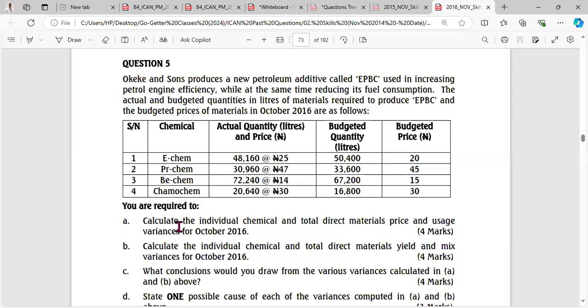Now, you are required to calculate the individual chemical and the total direct material price and usage variances. Okay, so let's do that now.